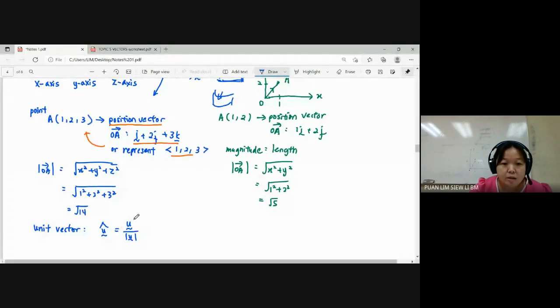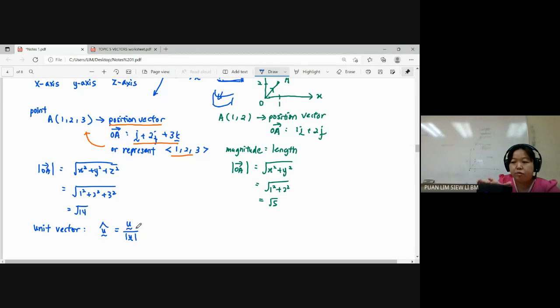They will take the vector, so the vector is the whole vector coming out, right? Divide by its magnitude. So here got magnitude 3 point something. After I divide the magnitude, I will get one unit of the vector. So like just now, if this is my vector going to that direction, so I want this unit only.